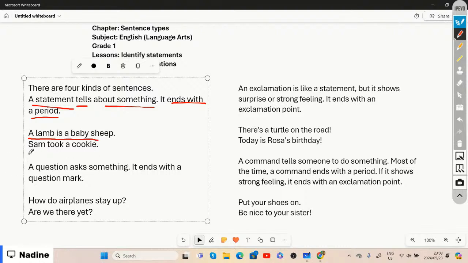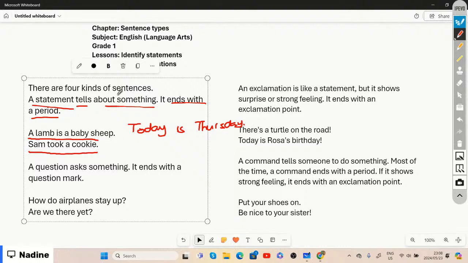And another example is Sam took a cookie. So that is basically examples of a statement. It just tells you something. It's the same as also saying that today is Thursday. That's also just a statement. Period.